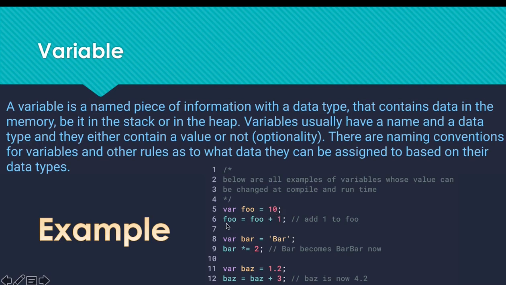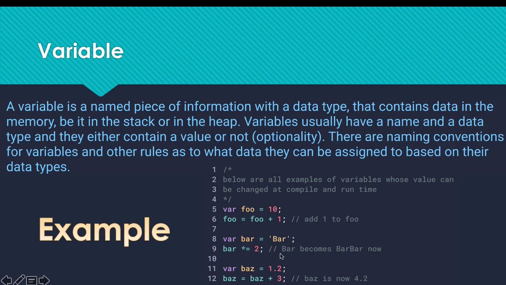And the other line, foo = foo + 1, which gives 11. And this one, var bar = 'bar'. Here, bar *= 2, so bar becomes 'barbar'.